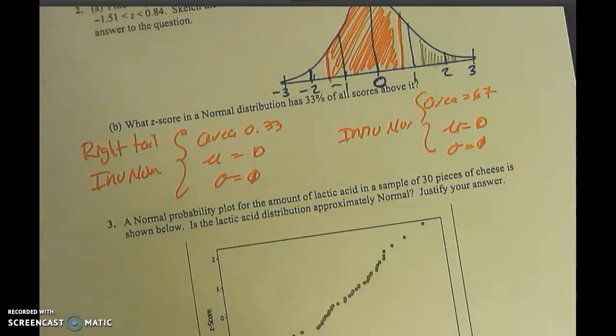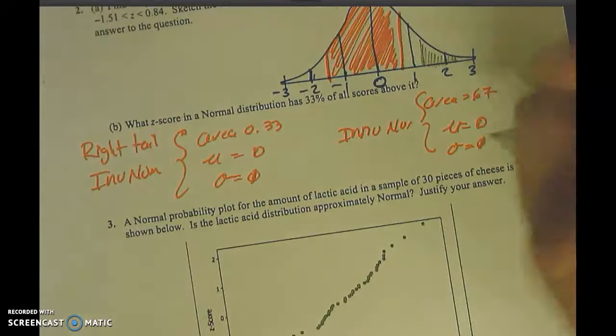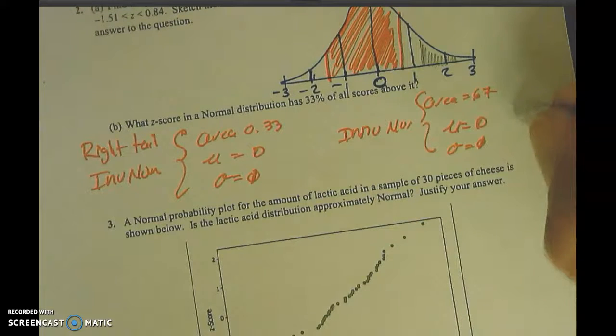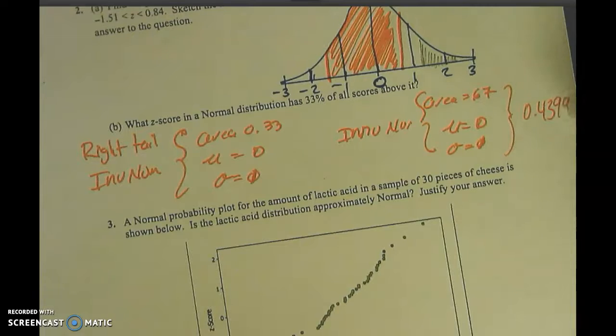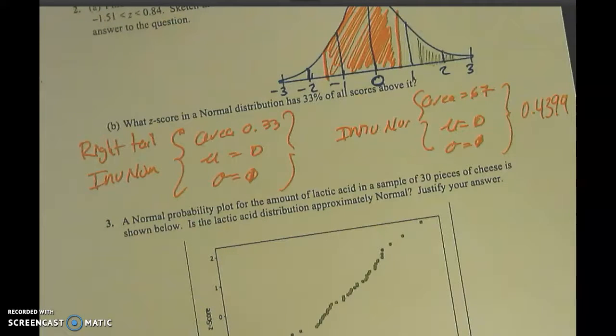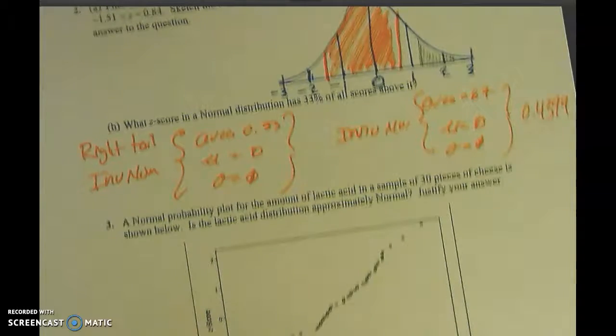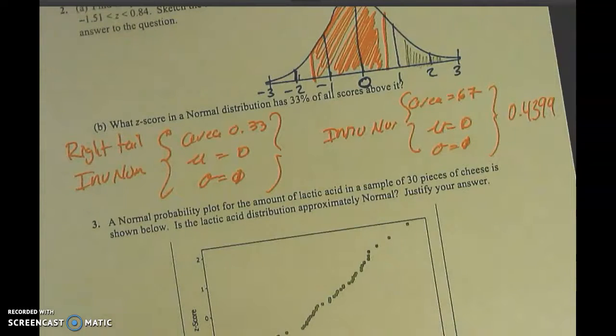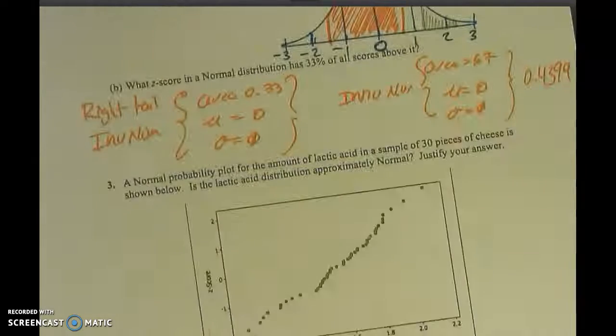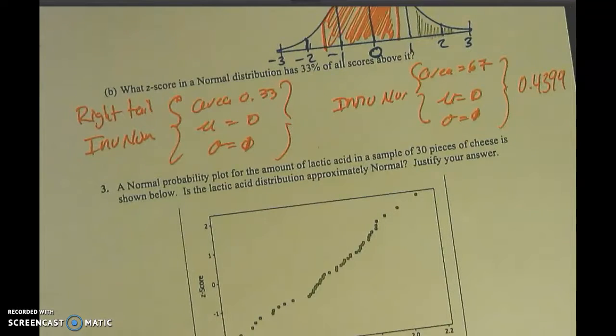I got 0.44. That's what I get on mine when you do that right tail test. Is that what you guys get? Okay. All right. Perry's happy. Everybody's happy. Okay. Except for Luke. Luke's not happy when Perry's happy.